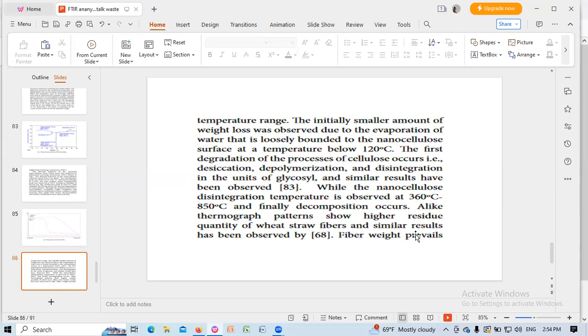This is the detailed explanation of TGA.